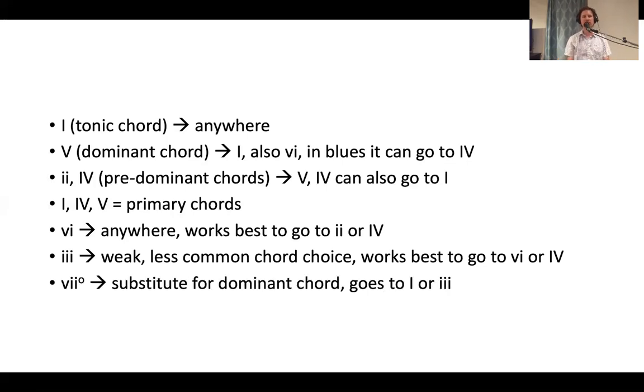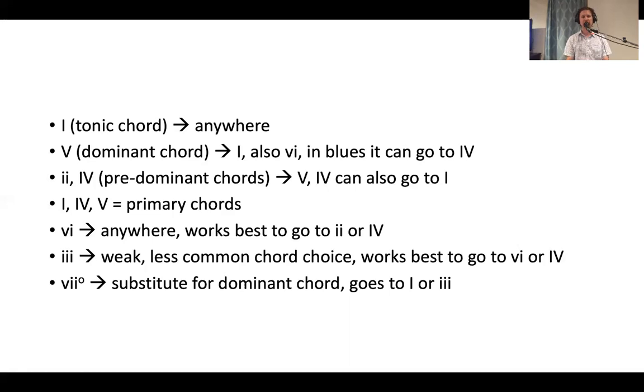And then I will just talk a bit about the 7 chord. This is a diminished chord. It's used in most music, it's probably used even less often than the 3 chord. And you can see this chord as being a substitute for the dominant chord. It functions in a similar way to the dominant chord in that it has this really strong pull to the 1 chord.